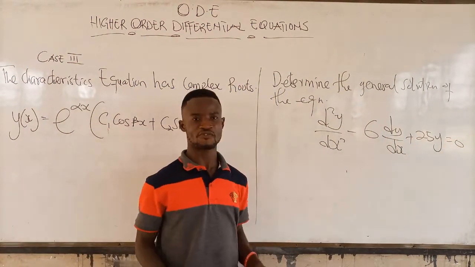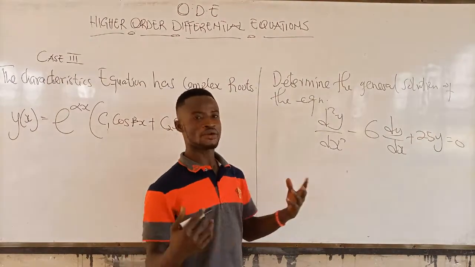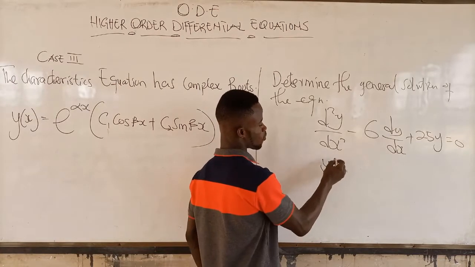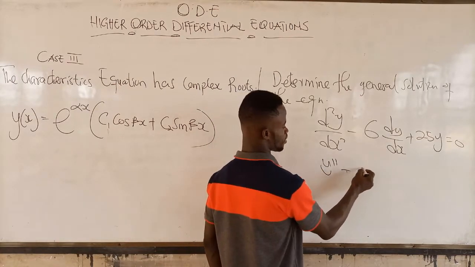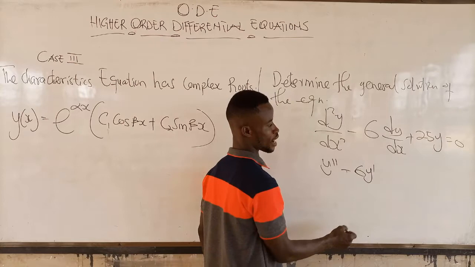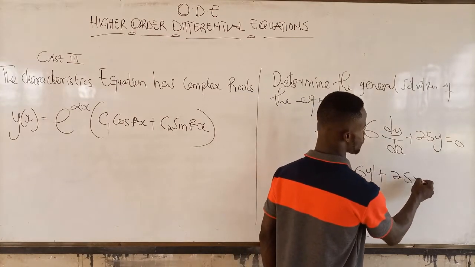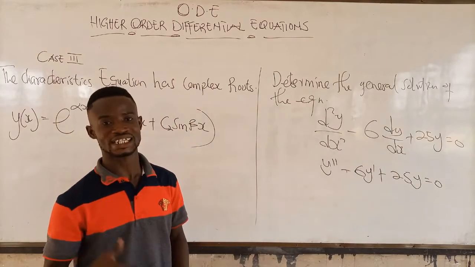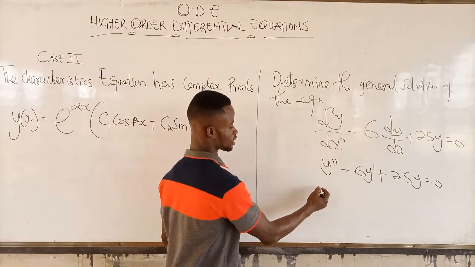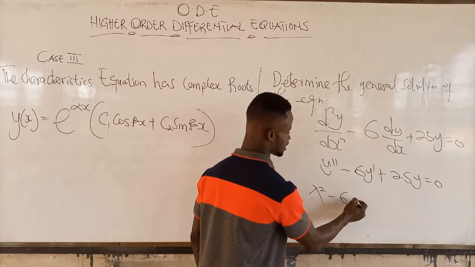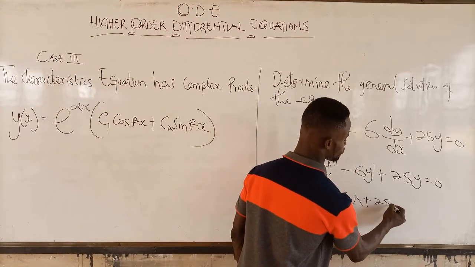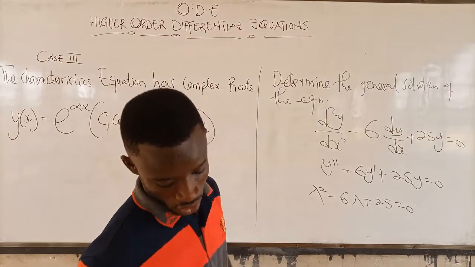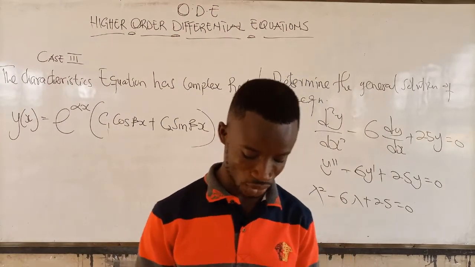This is a second order differential equation, so let's write the characteristic equation. To write the characteristic equation, we get lambda squared minus 6 lambda plus 25 equals 0. With this, your small calculators can support.